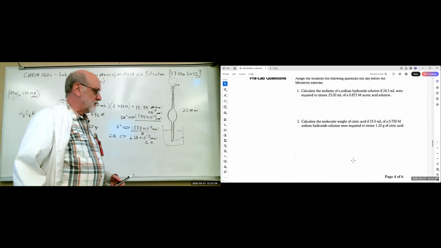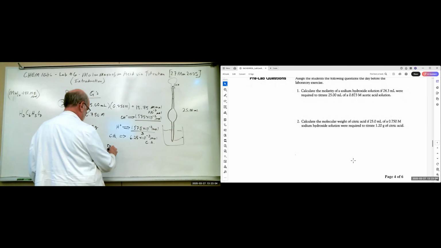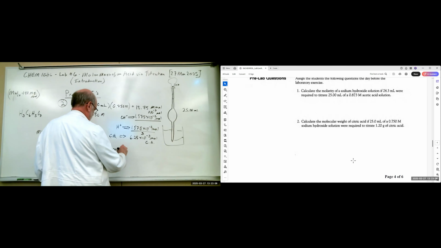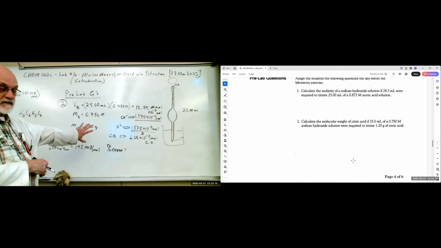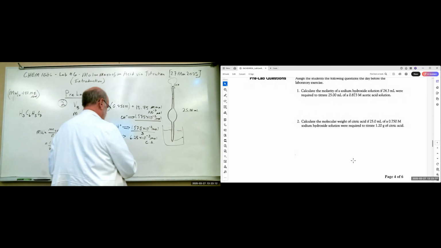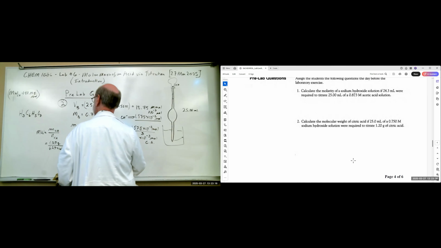But you remember how to calculate percent error? When you get your value for citric acid, then you take and do the difference. Let's see.